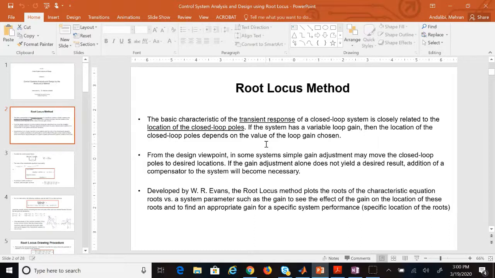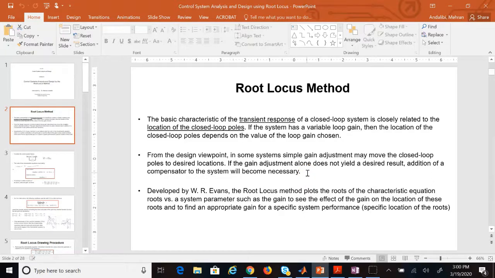And when we move it, it moves the location of the closed loop poles. So we want to know what ranges and how it would affect their location with respect to the imaginary axis. So this is a very important tool which helps us design our controllers.